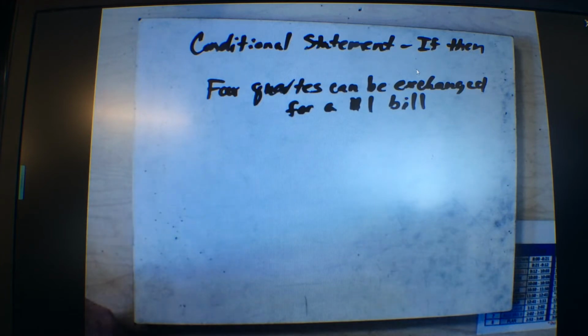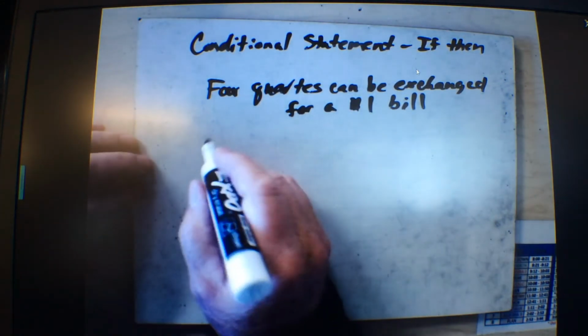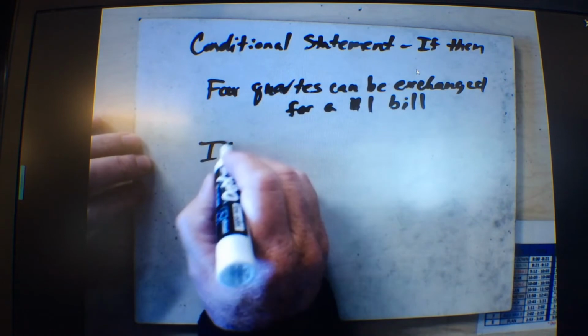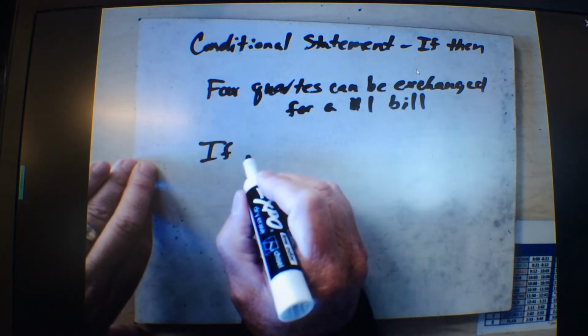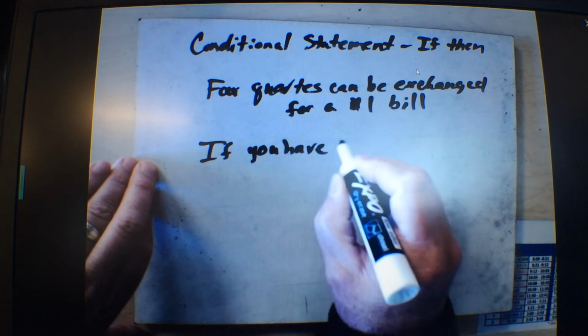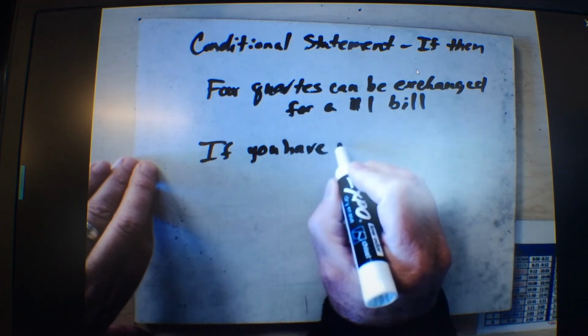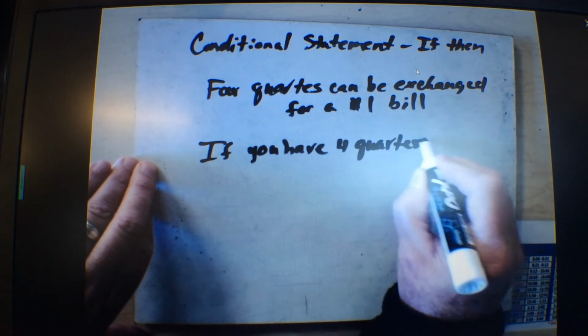All right. So who wants to put this in if-then form? Take a guess. If you have 4 quarters, then you can exchange it for a $1 bill. All right, nice, Nelcha. Maybe this is a smart seat.